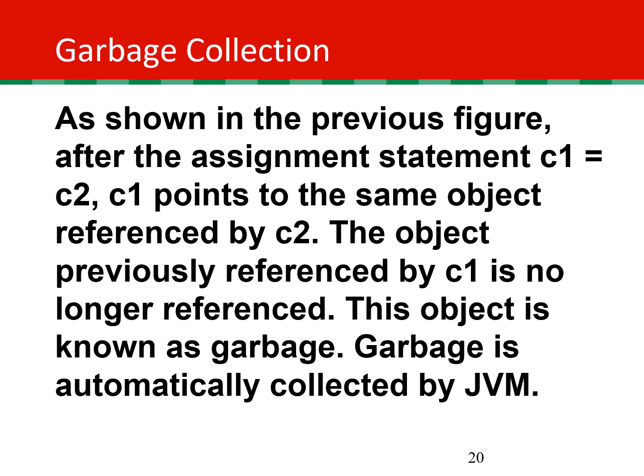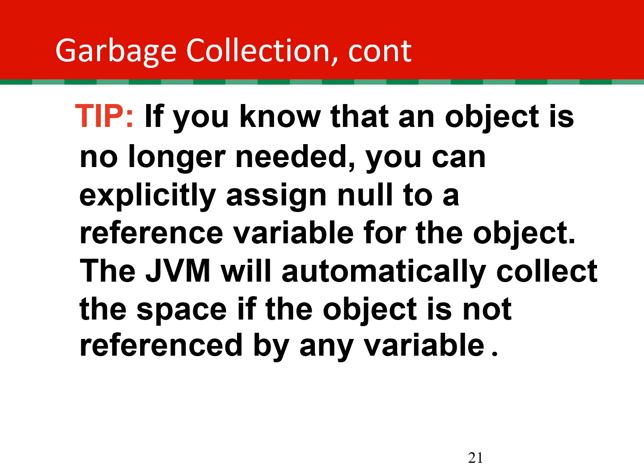After a while, the JVM in your compiler will remove that object. If you know that you no longer need an object, you can assign null to it. Otherwise, the JVM will automatically remove it.